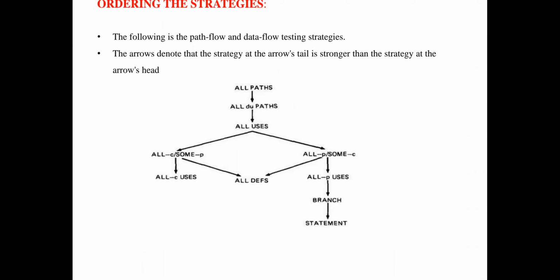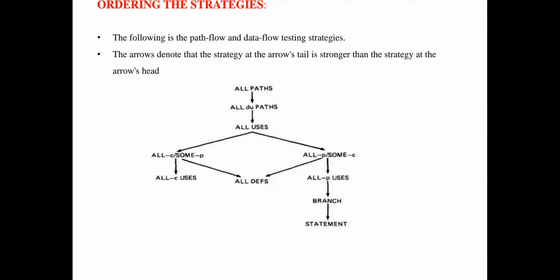We can apply all CUs some PUs, or we can go for all PUs some CUs, meaning all predicate some computational. Next, from all CUs and all PUs we can go for all predicate uses, covering branches and statements. All CUs some PUs and all PUs some CUs are all based on the all definitions. Okay, so this is the ordering of the strategies.